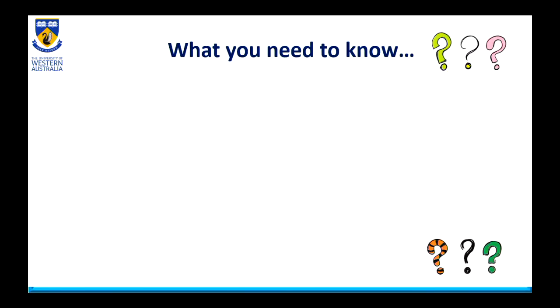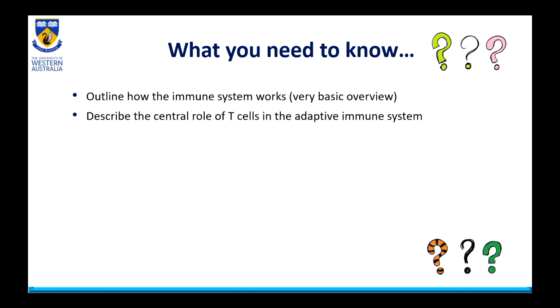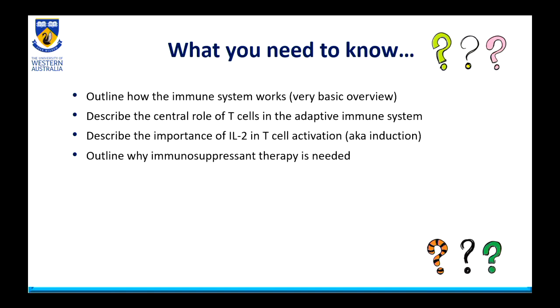This is what you need to know out of this particular lecture today. You need to be able to outline how the immune system works, just basically understand an overview of it. Describe the central role of T cells in the adaptive immune system. Describe the importance of IL-2 in T cell activation, that is induction of T cell activation. IL-2 is extremely important.